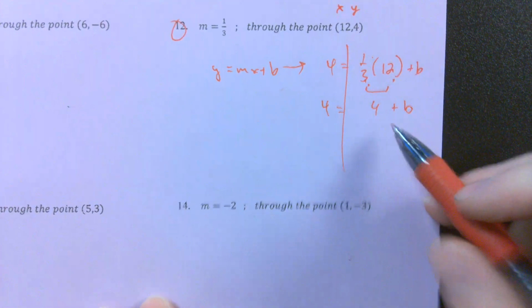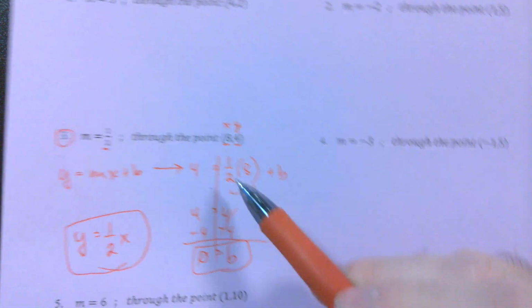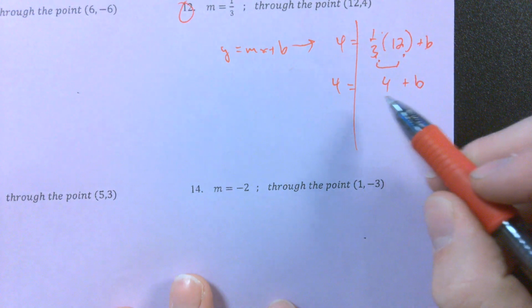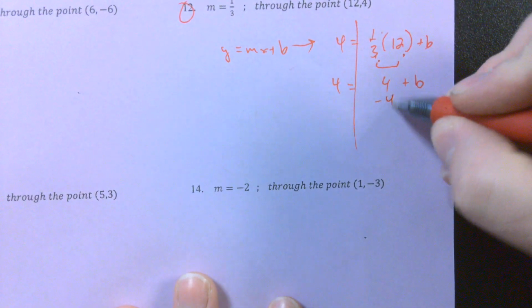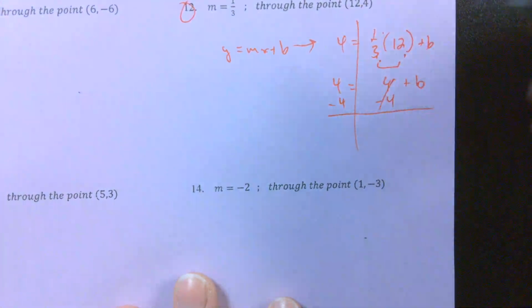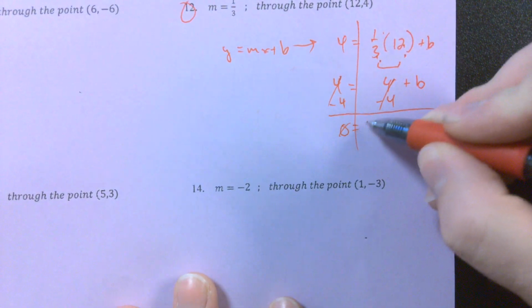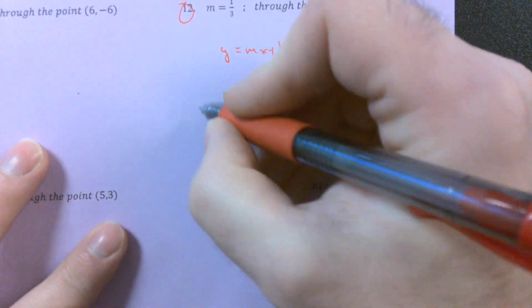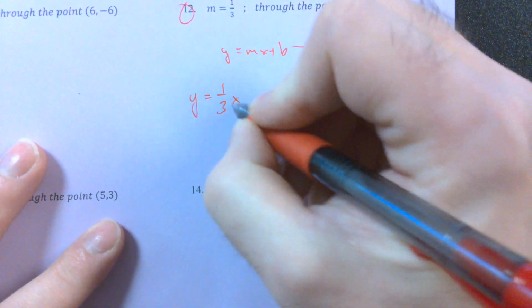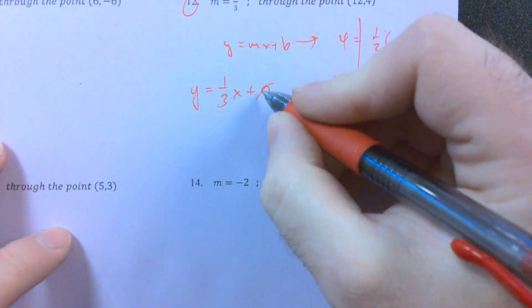So I've got a very similar situation that I had in number 3. 4 equals 4 plus b. If I subtract 4 from both sides, what do I get for my b? 0. So I can say y is equal to 1/3 x plus 0.